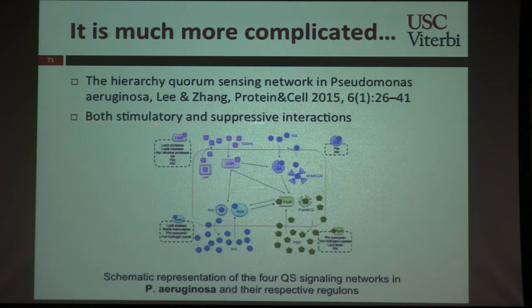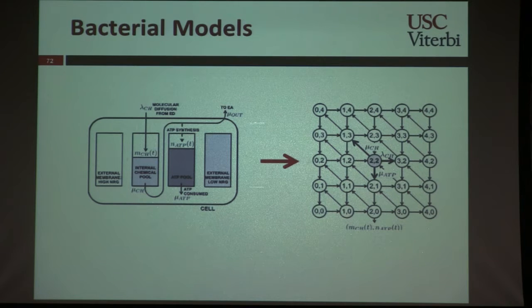They have different kinds of processes going on, some which are stimulatory, some that are suppressive. This is much more complicated than what we started out with, and the question is, what is the right abstraction? I'm not quite sure yet. So this is essentially what we've done: we've taken these queuing models, and we've built Markov chains that seem to make sense.